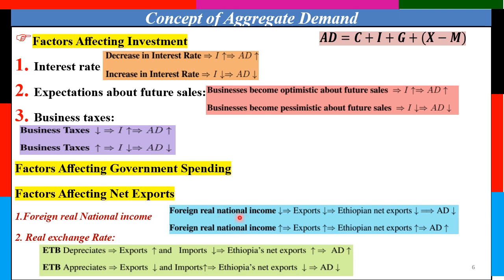Their ability to buy something is decreasing. At that time, export is also decreasing. This is for the case of Ethiopian products. Net export is also decreasing. Why? Export decreasing means net export is also decreasing, since net export is what? The difference between export minus import.